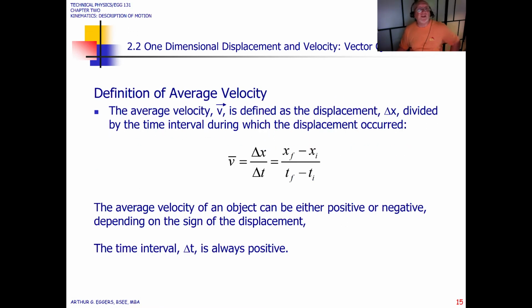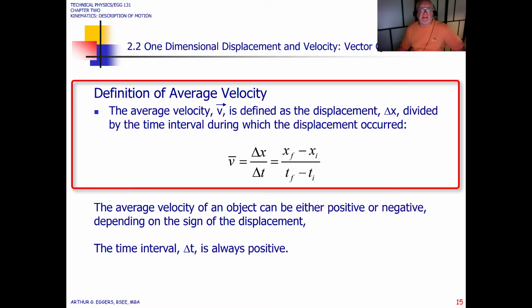The average velocity is defined as the displacement, delta X, divided by the time interval, delta T, during which the displacement occurs.